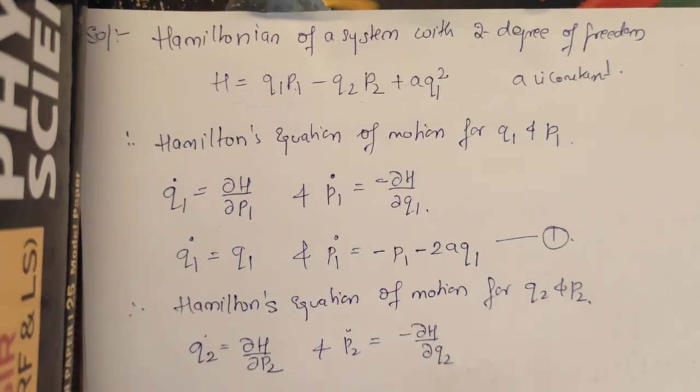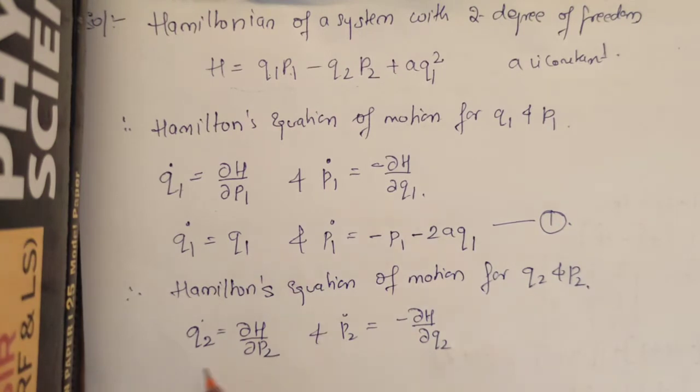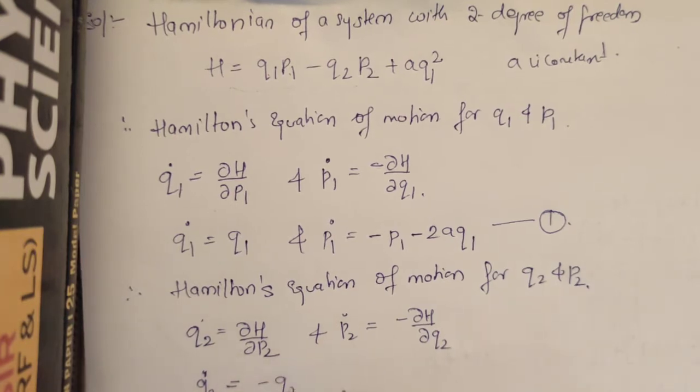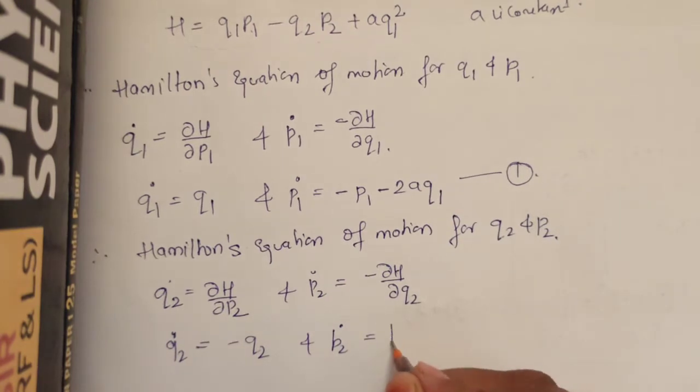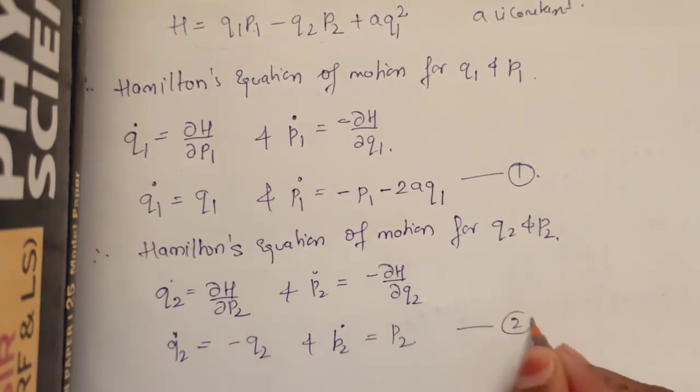Okay, so when we differentiate this, we will get Q2 dot as minus Q2 and P2 dot as P2. Okay, we got the two equations.